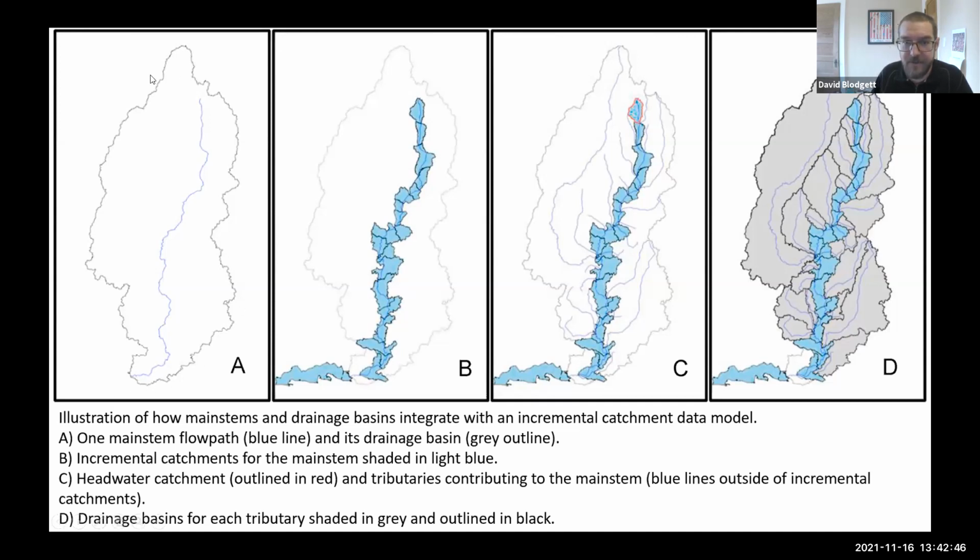There's a complete drainage basin with one mainstem flow path. We can represent the incremental catchments along that mainstem flow path, and then add the mainstems that are actually tributaries to the first one, where each of those catchments basically breaks up the network, and then add a drainage basin boundary for each of those tributary mainstems.